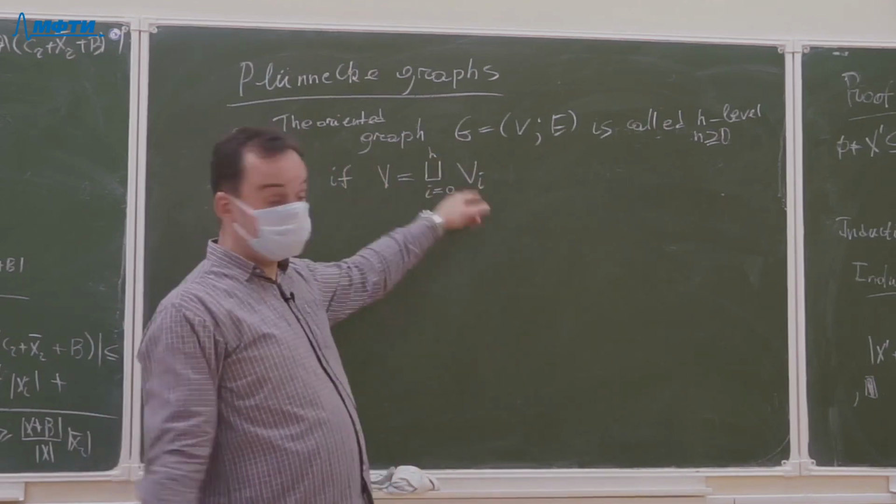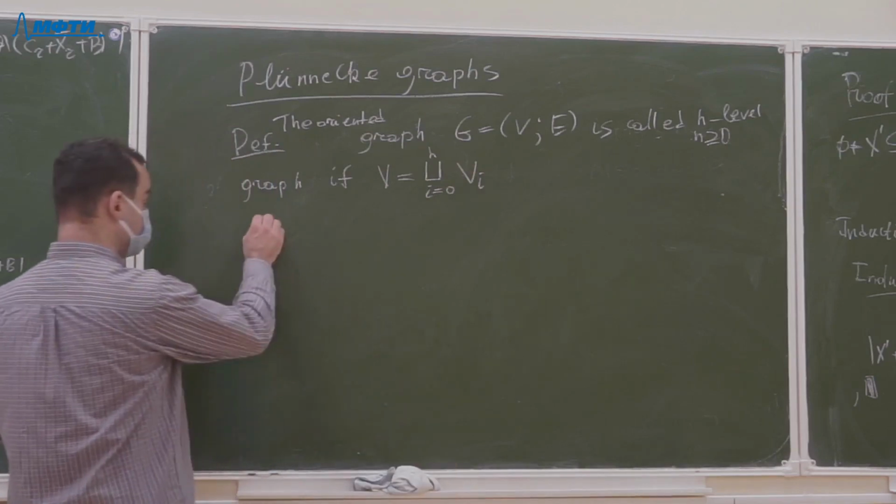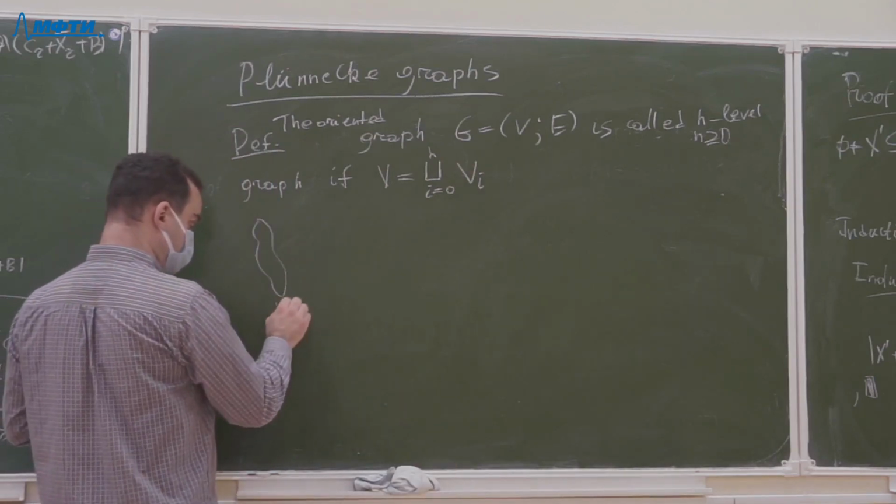So this is a non-intersecting union of V_i's, which are our levels actually.